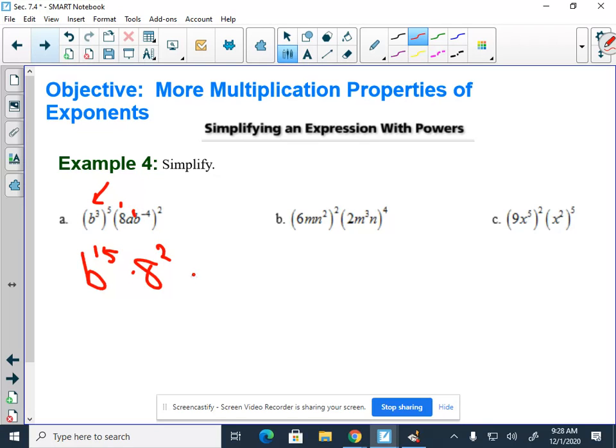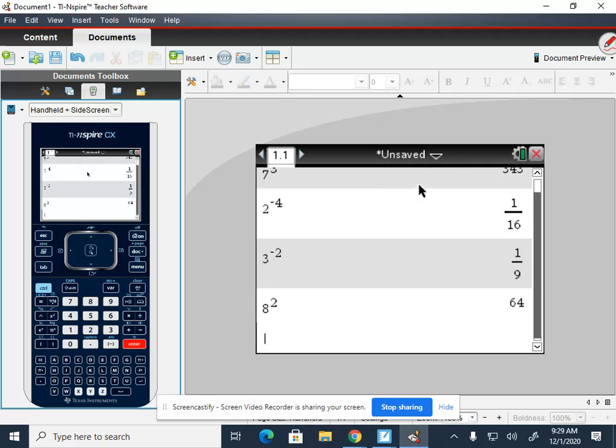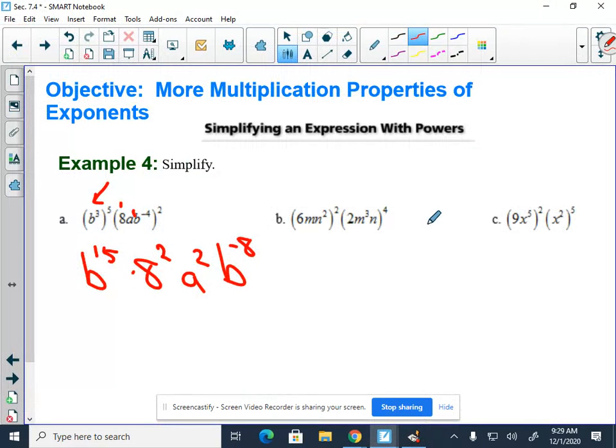A to the 1st, 1 times 2 is also 2. And b to the negative 8. So usually at this point, the first thing I do is I take the calculator and I figure out the regular coefficient, the number that's sitting there. 8 to the 2nd is 64.